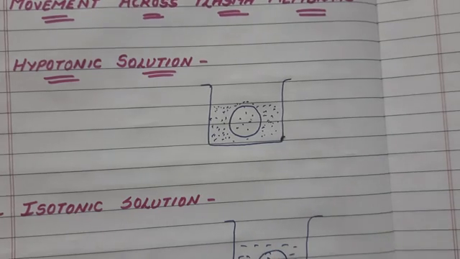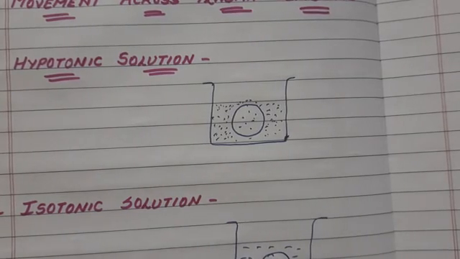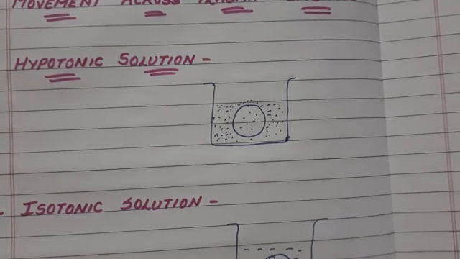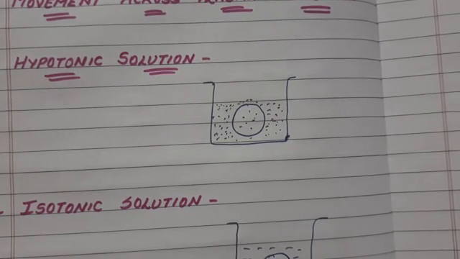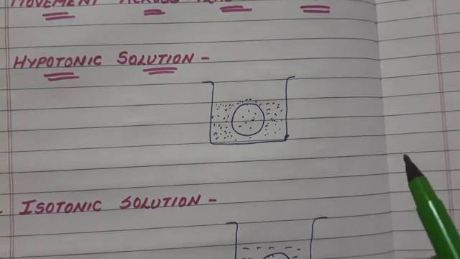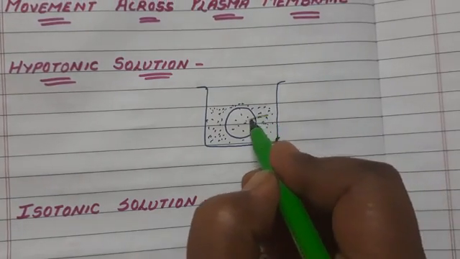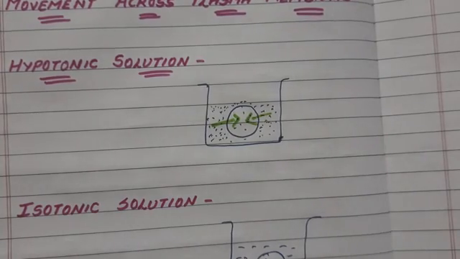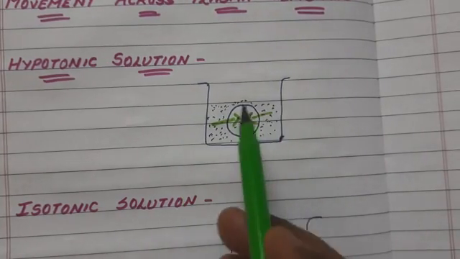Just now I told you what is the process of osmosis. Osmosis takes place in water. Okay, water shows osmosis. So what will happen? This cell will gain water. Why? All the water will move into the cell, because the concentration is more here.